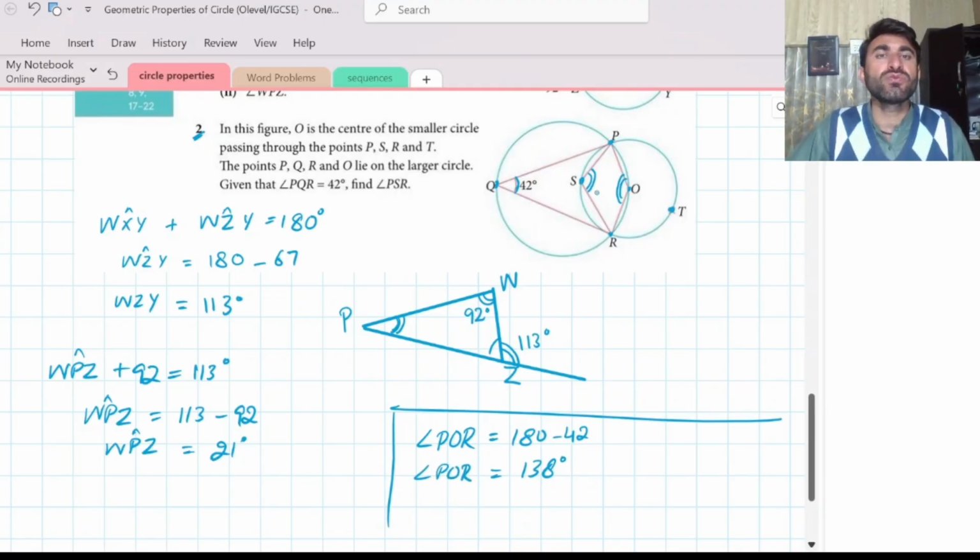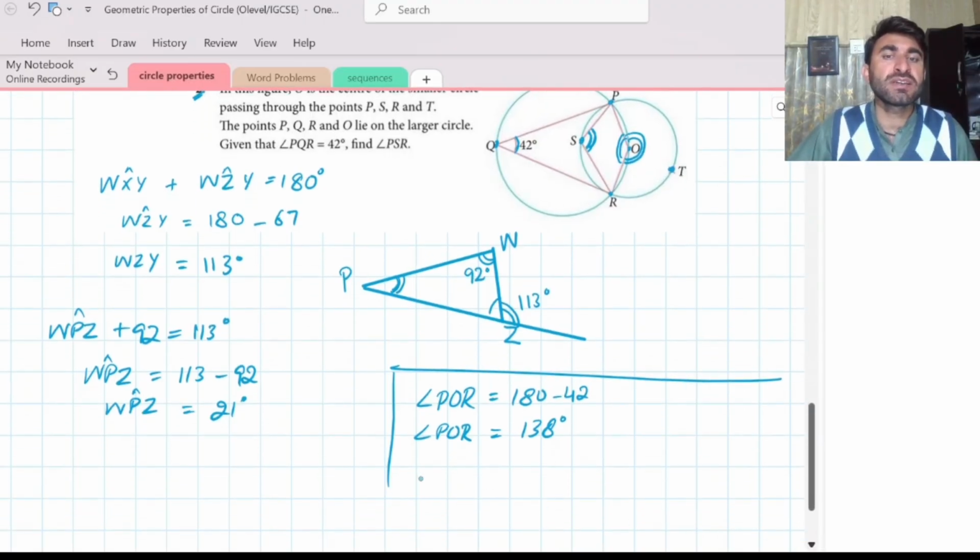Now in order to figure out the angle PSR, as we see, the angle PSR is formed at the circumference, and there must be some angle subtended by the same arc at the center, and it is actually the reflex angle POR. So first we can figure out the reflex angle POR, and with the help of that angle we will figure out the angle at the circumference.